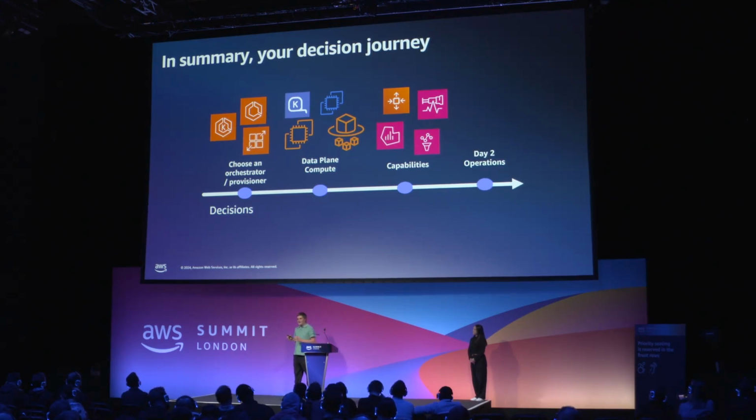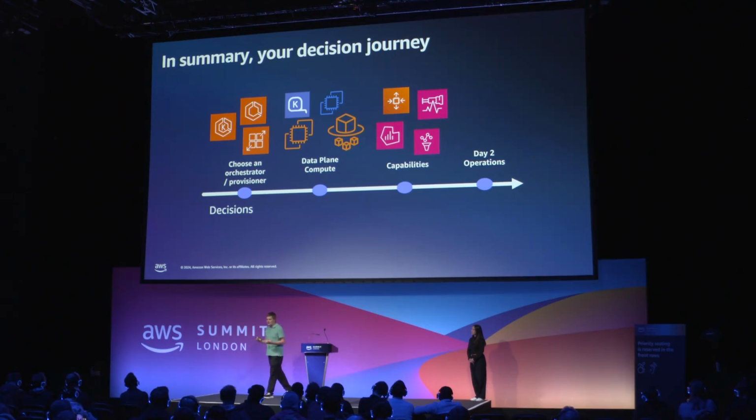And the final thing is day two. How are we going to operate what we've built? What does patching look like? What do upgrades look like? What does it mean to operate this today? So this is what your decision journey may look like. You pick an orchestrator, you pick where you want your containers to run or your compute option, integrate those capabilities, and then how are we going to operate the solution?